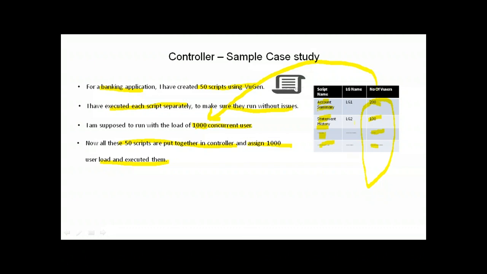Account summary 200, statement history 100, balance transfer 50, account payee something else, logout something else. When you add all those users, it should come to 1000 users.